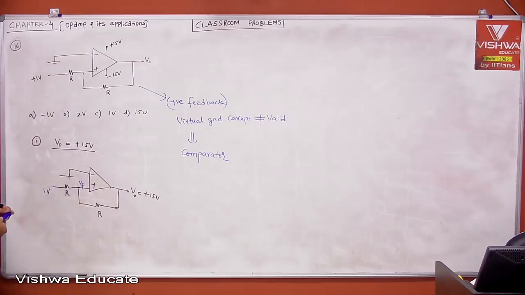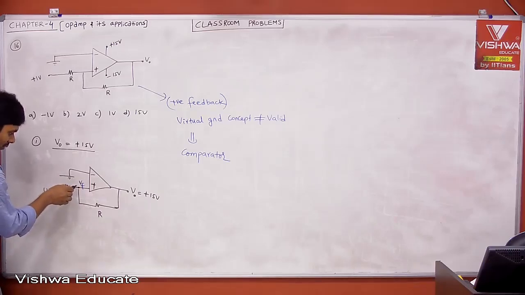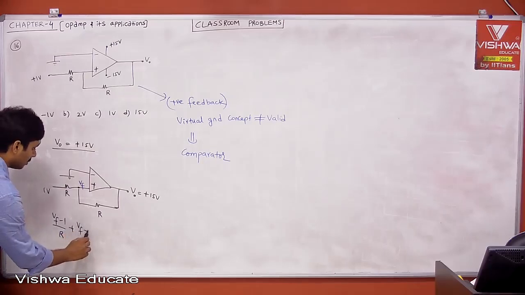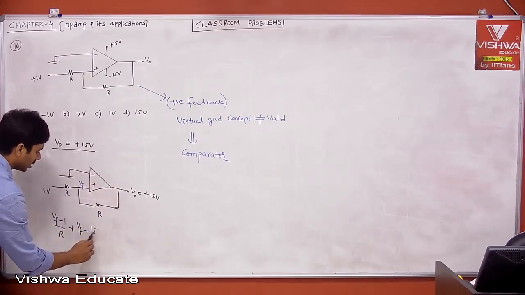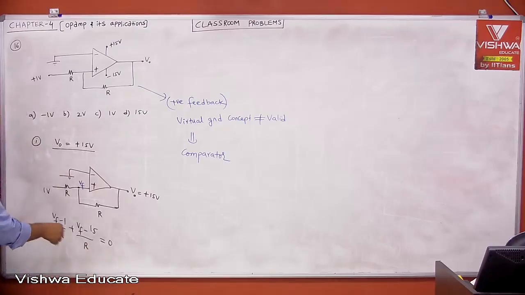Then tell me, how will you get VF? Apply nodal analysis, but don't say this is 0. I am just trying to find VF. Nodal analysis: (VF minus 1) divided by R plus (VF minus 15) divided by R is equal to 0. You can apply superposition also, anything is fine. R will be cancelled.